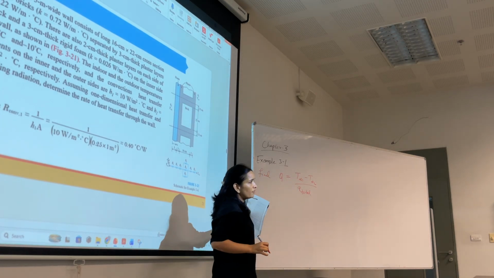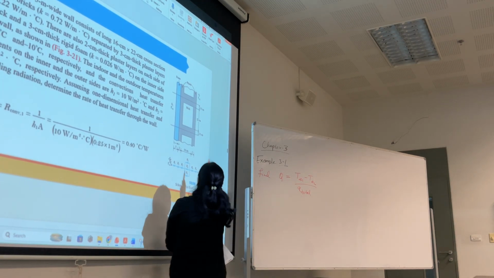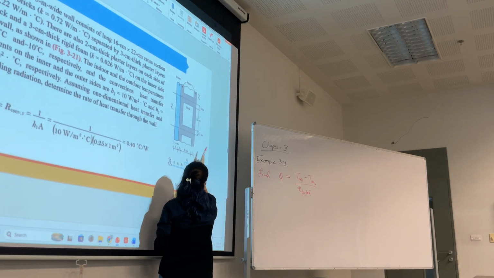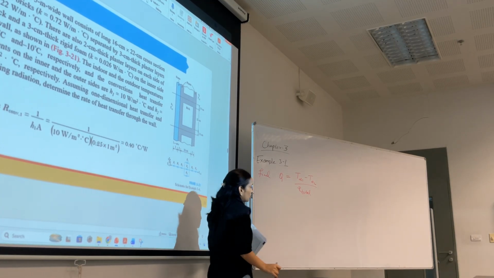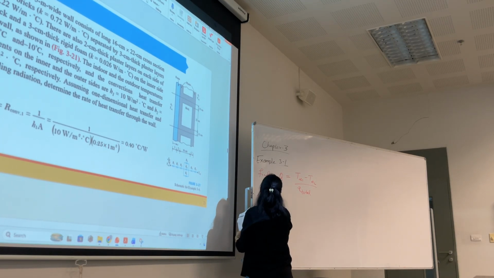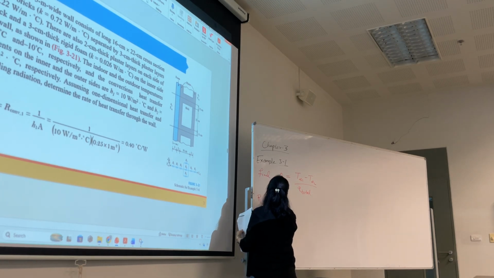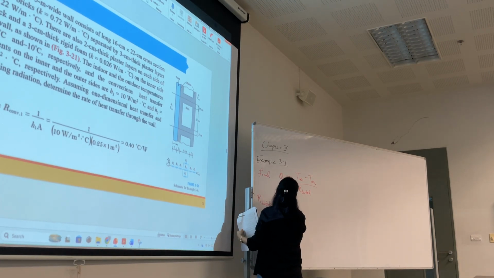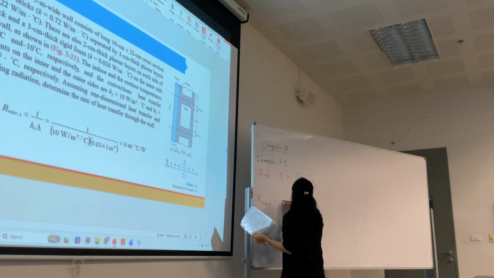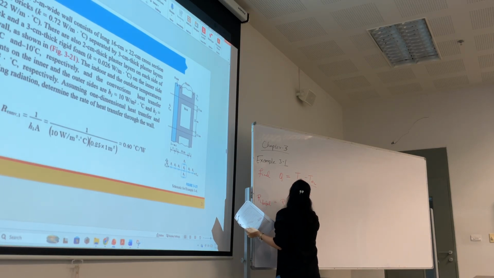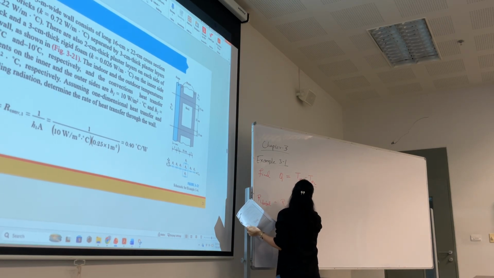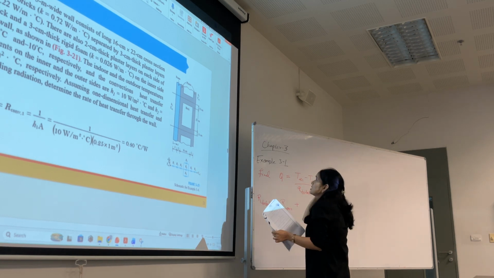What we have to find out: Q, T infinity 1, T infinity 2, and R total. Okay, what is R total? Convection 1. This is 4.